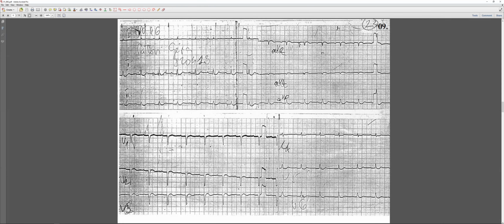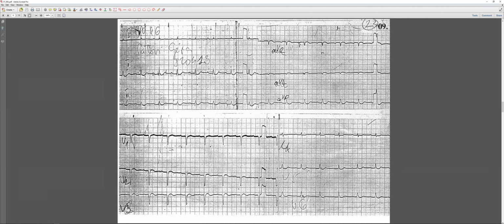So maybe this, I saw this scooped. So I think it should be the digitalis. Yes, very, very good.